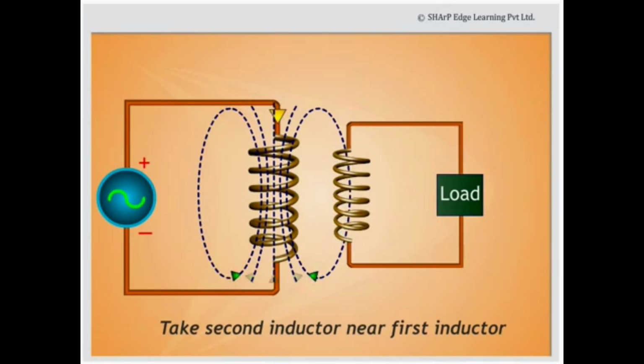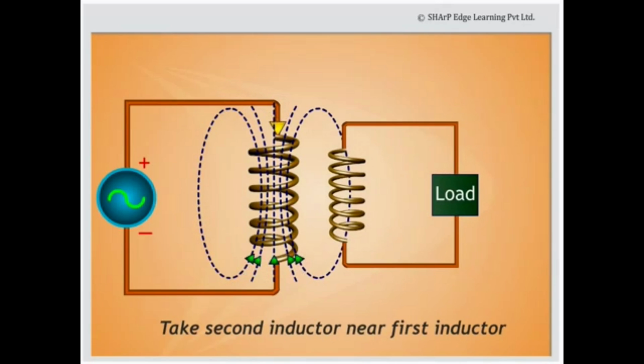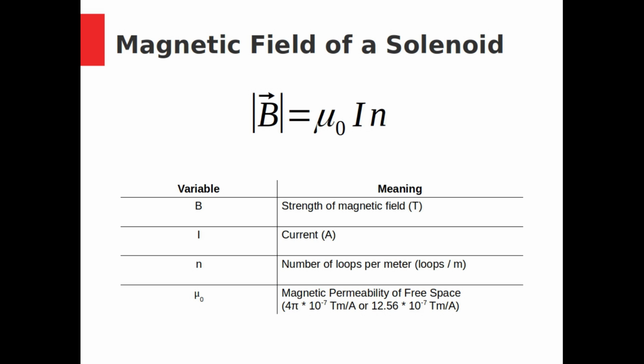Now, let's expand on what we know about the circuit on the left. When a current passes through a solenoid, it will produce a magnetic field, because all currents generate magnetic fields. You might remember that the equation for a magnetic field of a solenoid is given by this variant of Ampere's law, μ0 Ni, where N is the number of turns per meter.